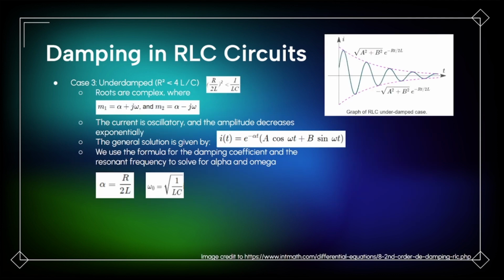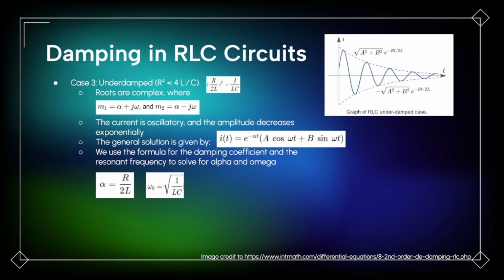Now, the third case is pretty interesting, as in this case the roots are complex. Here is also where the values of alpha and omega, which are the damping coefficient and resonant frequency, both come into play. The current is indeed oscillatory in this case, and the amplitude decreases exponentially. As you can see in the graph, the amplitude of each wave gets smaller and smaller as t increases, or as t approaches infinity.